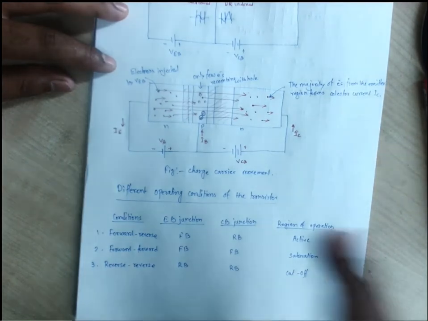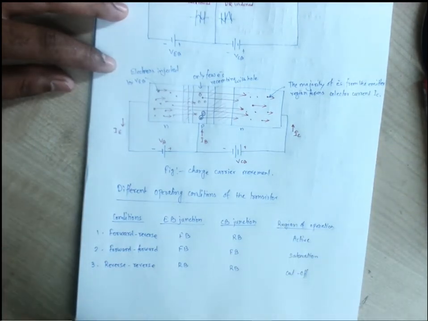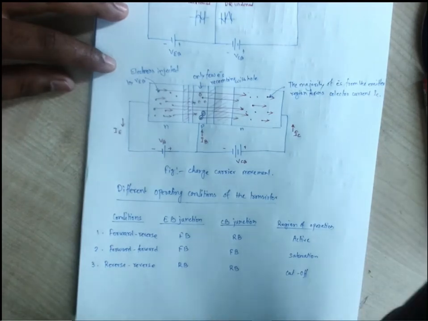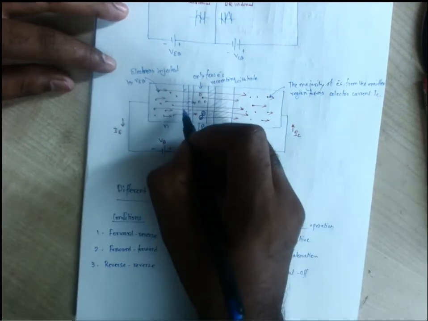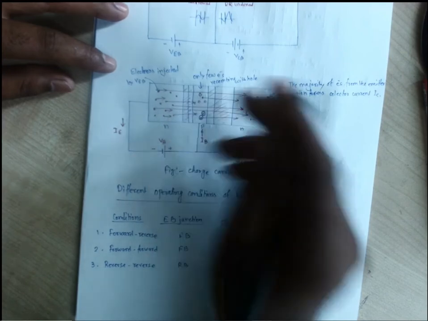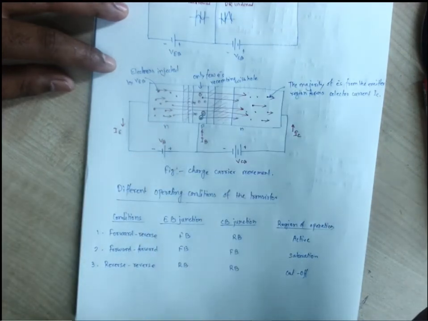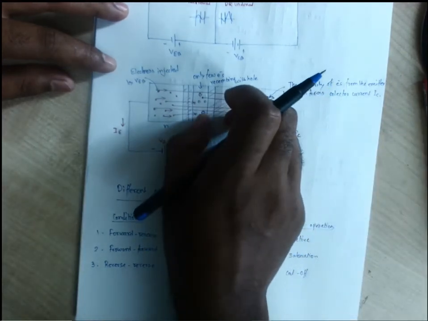Just try to understand. Initially, when we have not given any kind of biasing, the emitter side has a narrow depletion region and the collector side has a widened depletion region.